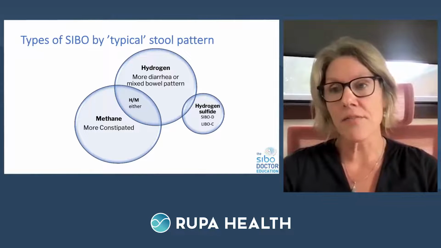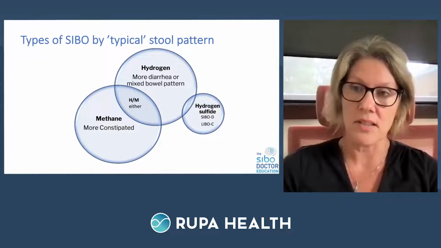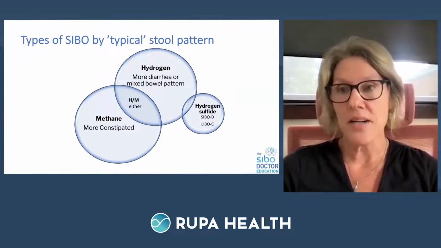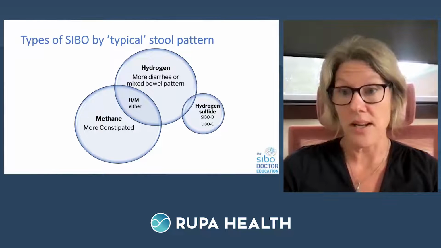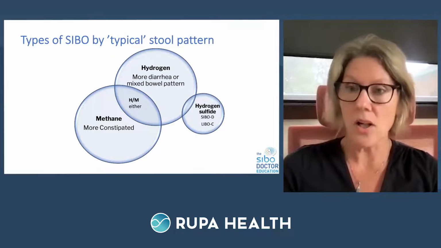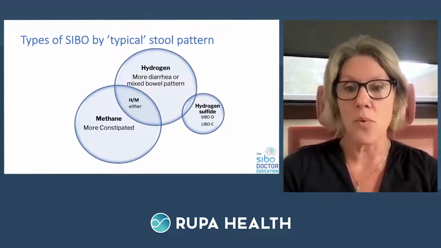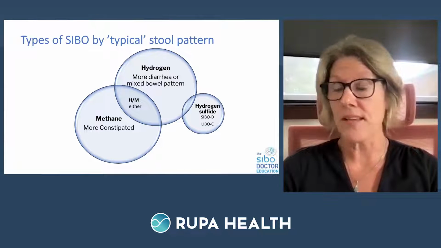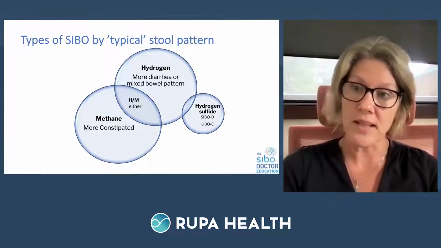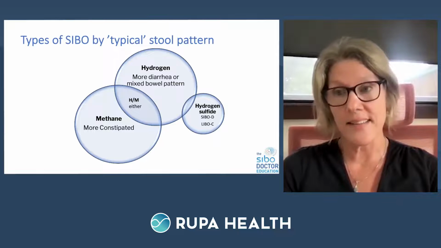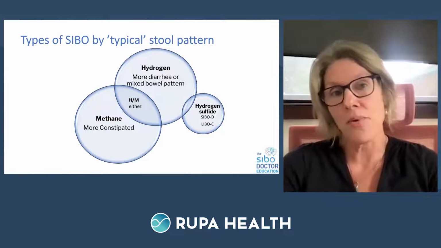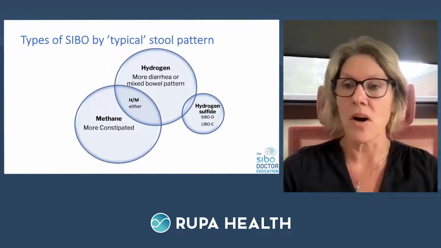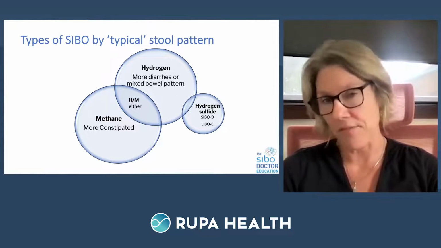And then hydrogen sulfide, which is a smaller subset of the SIBO that we're seeing. I haven't seen it very often to have hydrogen sulfide be present on the breath test. We typically see more diarrhea if this patient has an overgrowth of either Desulfovibrio or Fusobacterium in the small intestine, or we can see more constipation in the case of what we call LIBO, which is large intestine bacterial overgrowth of these types of hydrogen sulfide producers.